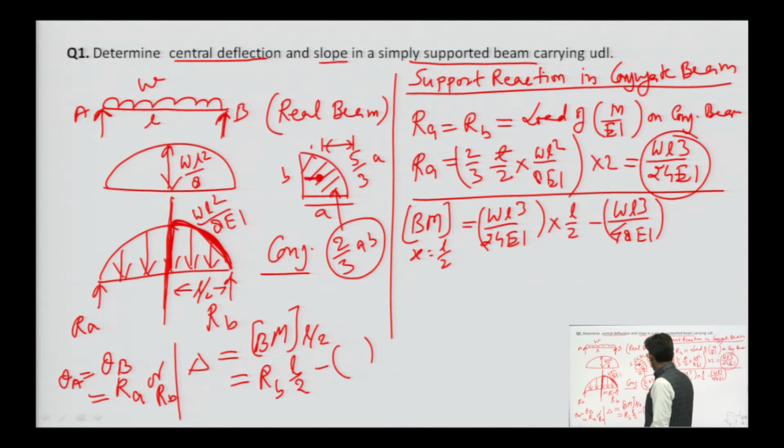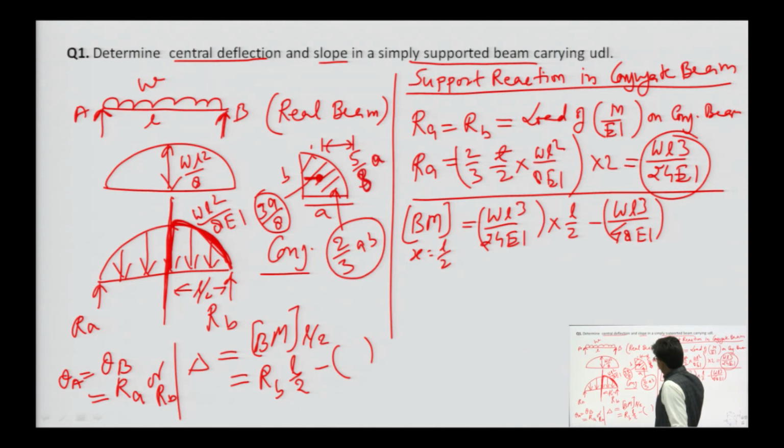If this is 5 by 3, I think this is wrong. This one length is 3a by 8. So this will be 5a by 8.